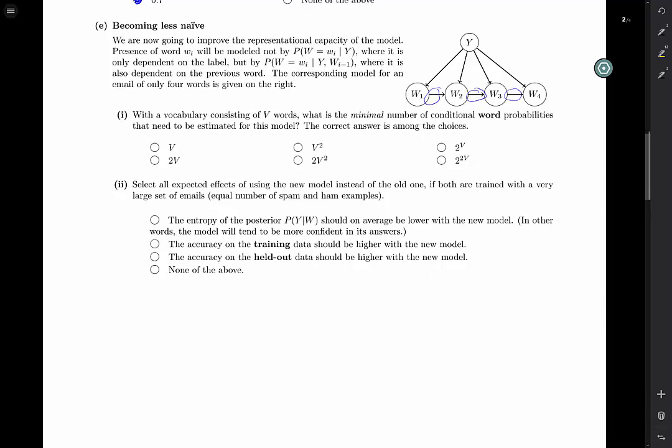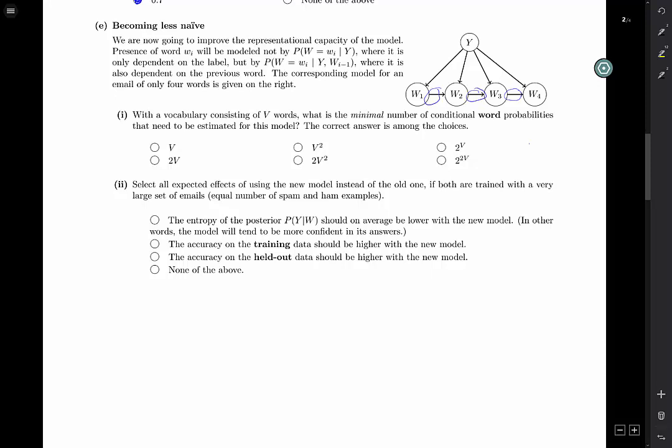Okay, so we basically need to look at the sizes of these conditional probability tables. For a single W, it depends on its previous one, on W1 for example, and also on Y. So let's say Y is fixed. Then W2 can take on V values, and W1 can take on V values.